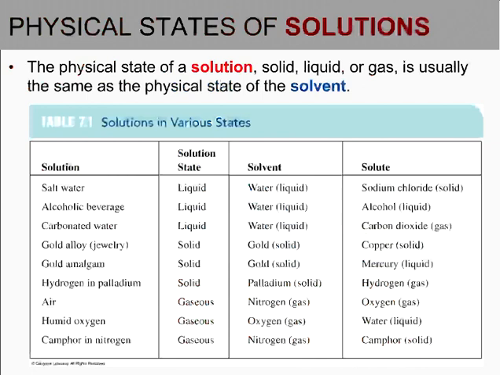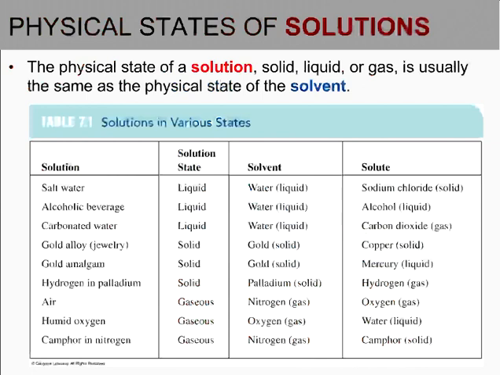All right, so there are different physical states of solutions. Typically, we think of solutions as liquids, but you can have solutions that are gases, for instance, or other states. So the physical state of a solution, solid, liquid, or gas, is usually the same as the physical state of the solvent.